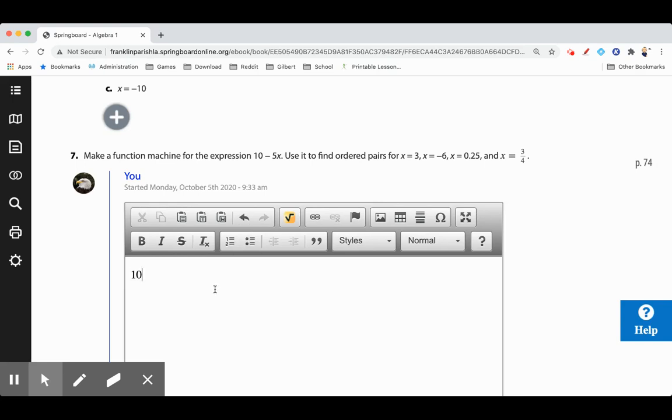So it's going to be 10 minus 5 times, let's say 3, well, that's going to give me 10 minus 15 is -5. And so my ordered pair is going to be 3, and the number I got out, -5. I put in 3, I got out -5. That's the ordered pair for this function machine that we would have made for this one. We put in 3, we get out -5.